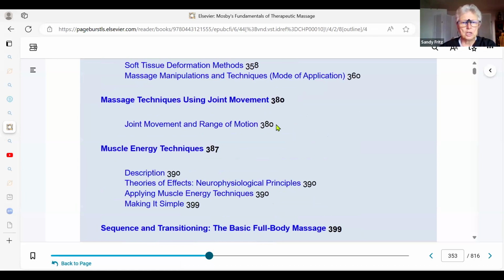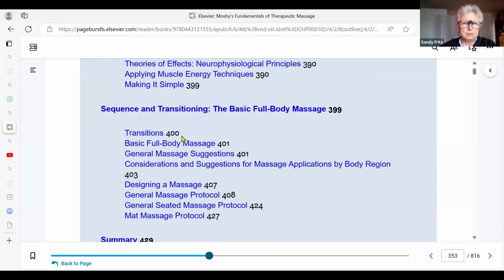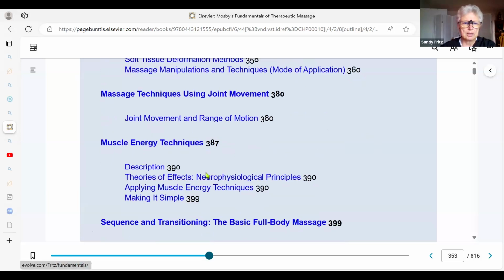Then we're going to look at massage techniques using joint movement, very important. And then an intervention process here specific to the joint movement setup is our muscle energy techniques. And then how to do a full massage.